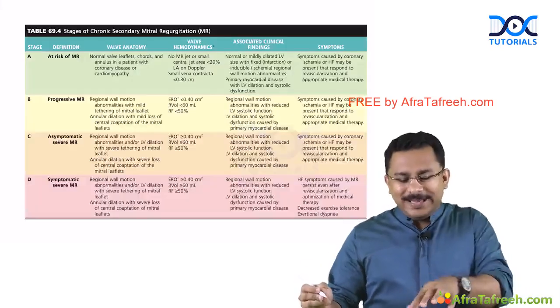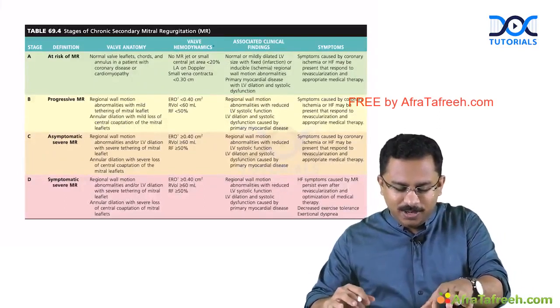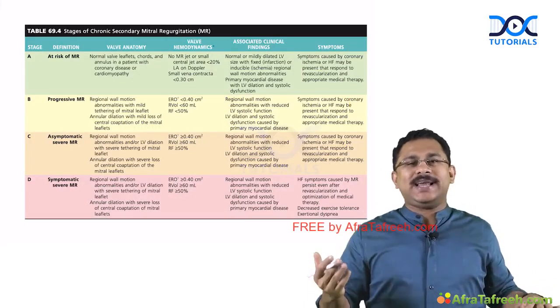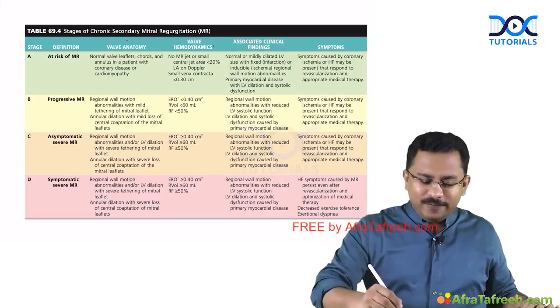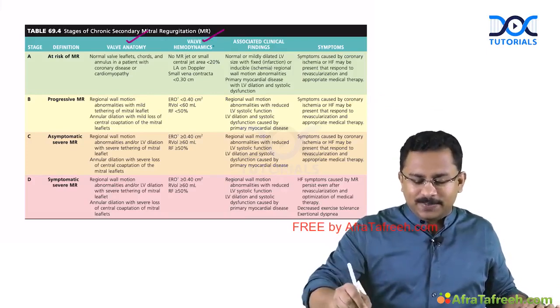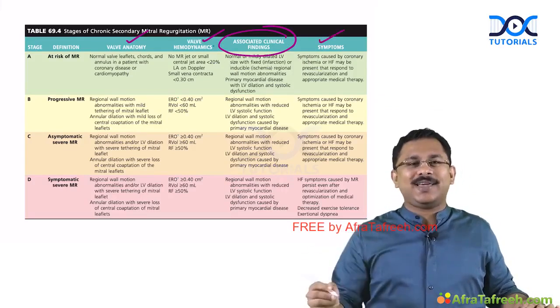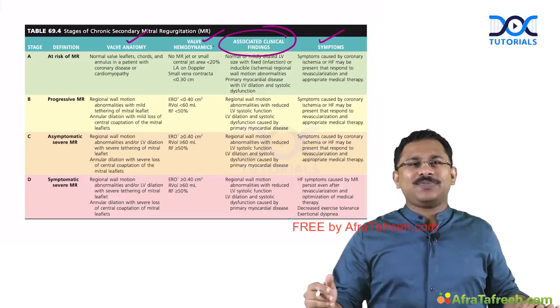Okay, so basically as you can see from this table in Braunwald, the staging of secondary mitral regurgitation is also based on your valve anatomy, valve hemodynamics, but you see here the associated clinical findings are also taken into consideration. Okay, so that point you have got to know.